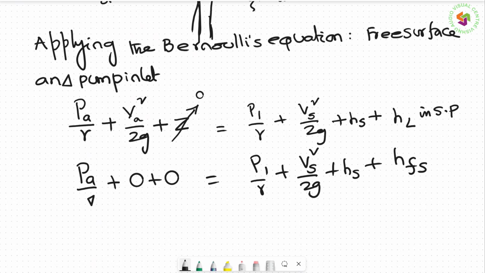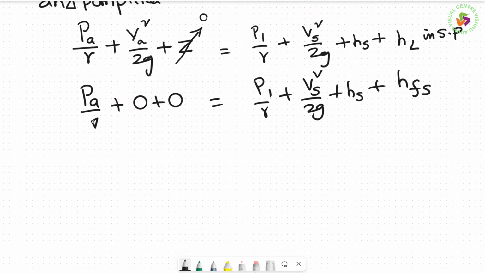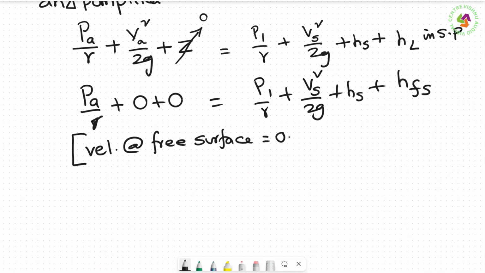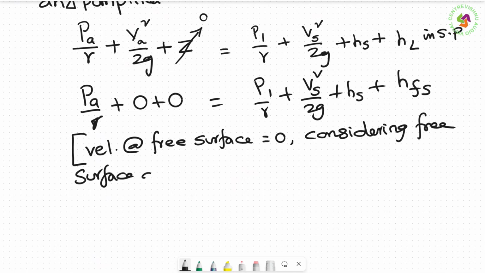Now, you remember the velocity at the free surface is equal to 0, and considering the free surface as datum, z is equal to 0.